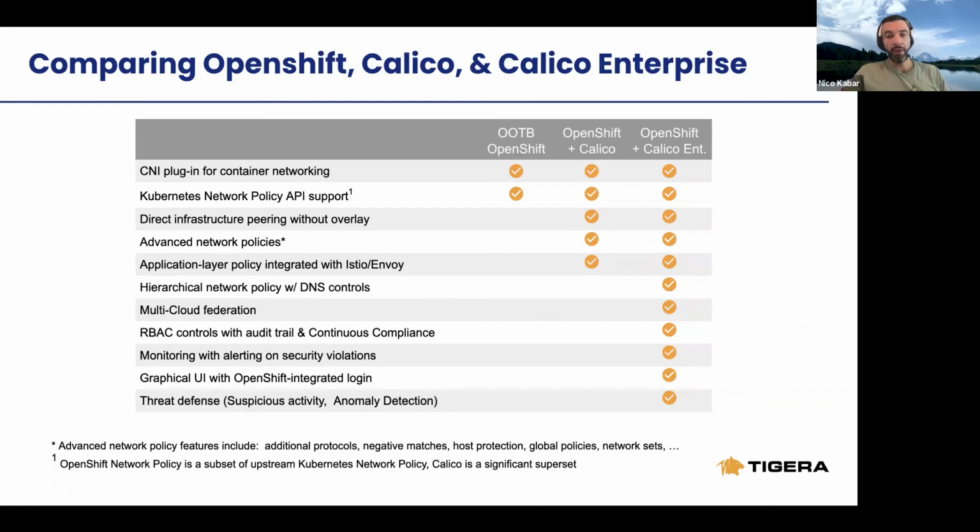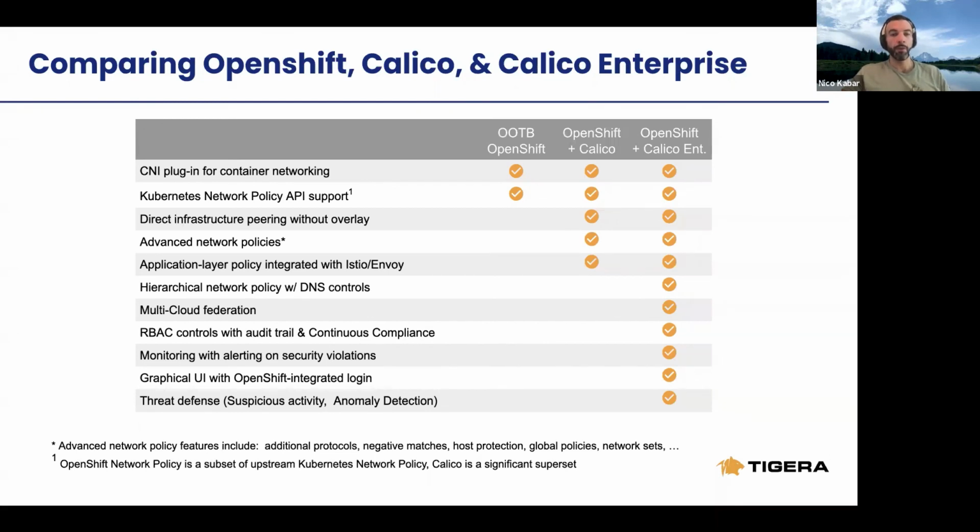We also have recently added support for multi-cloud and even multi-cluster federation for both identity as well as policy. So as you scale your OpenShift deployments, Calico can help you decrease the operational complexity of managing multiple clusters and multiple policy workflows.